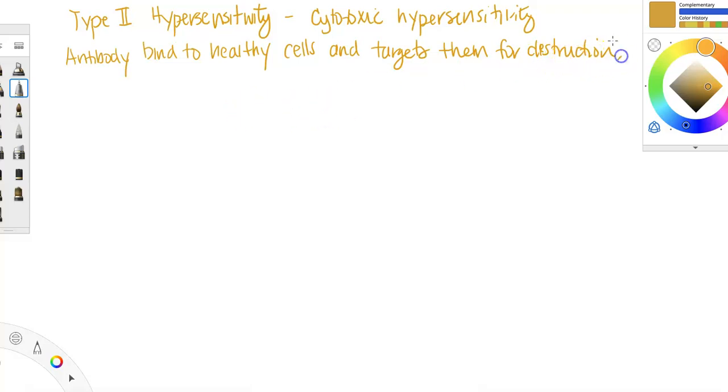Okay. All right, so basically you've got some kind of body cell, and the body cell sort of creates this antigen antibody complex.